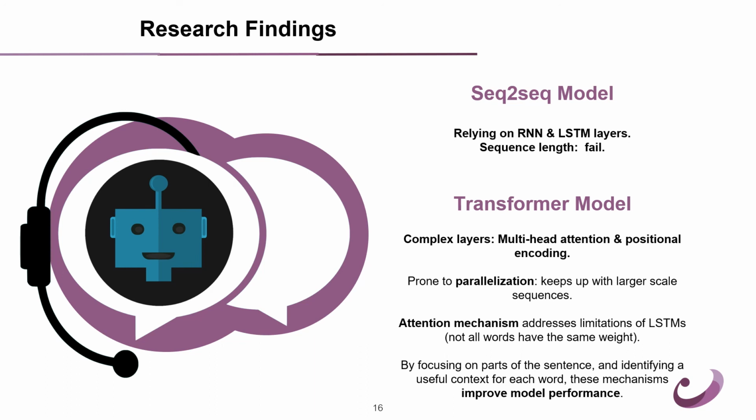The transformer model, on the other hand, uses much more complex layers, notably multi-head attention and positional encoding, that have a mathematical foundation which makes it prone to parallelization and enables our model to keep up with the sequence on a large scale without being impacted by its length.